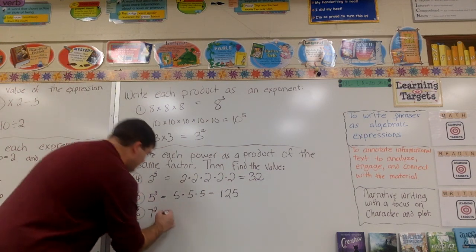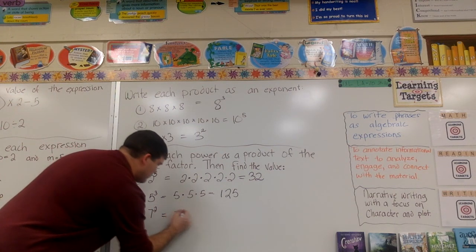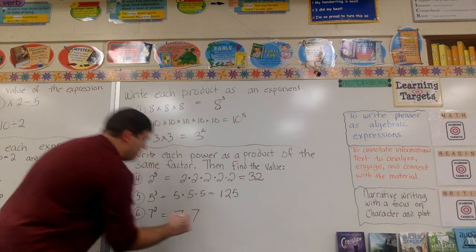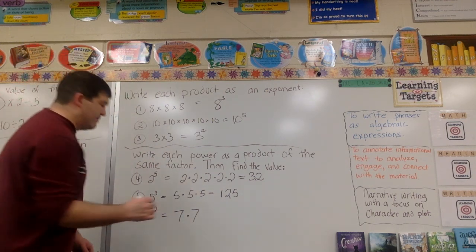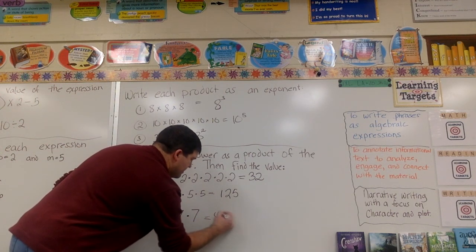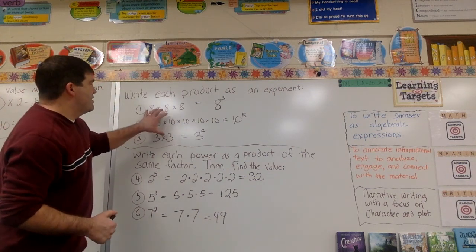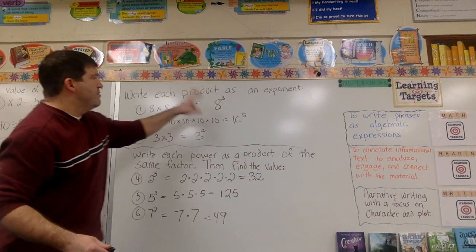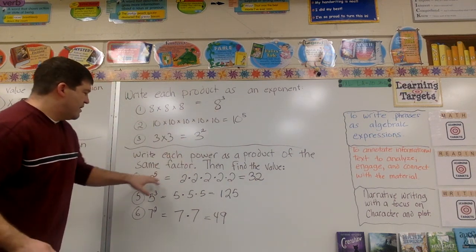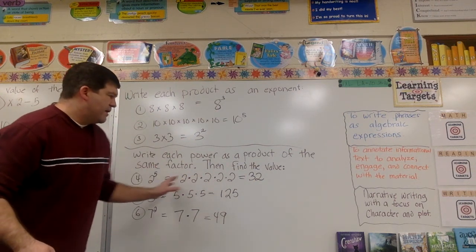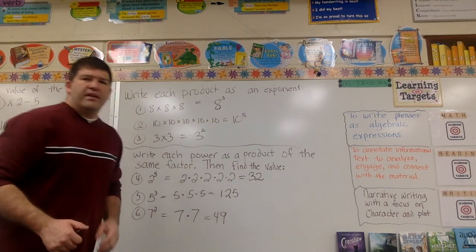If I want to write that out, my factors, the same factor, is going to be 7 times 7. And 7 times 7, we all know, is 49. Okay? So this is how to take these products and put them into exponent form. Here we're taking an exponent form, putting it out in the same factor, and then finding the value.